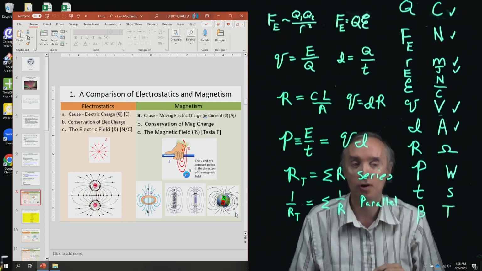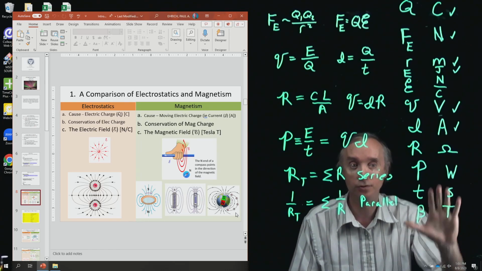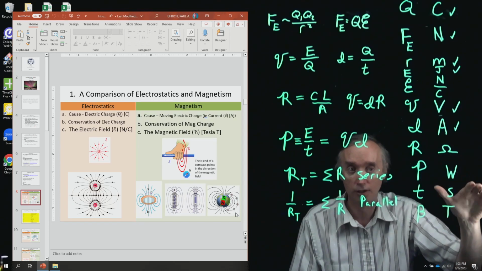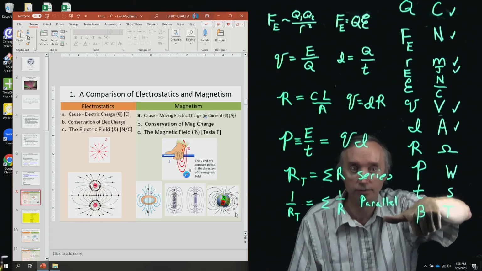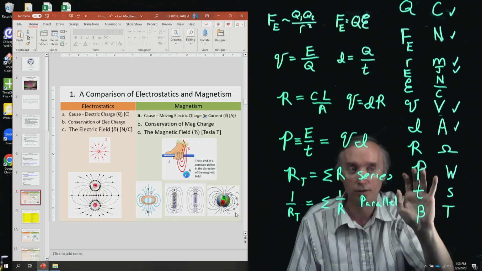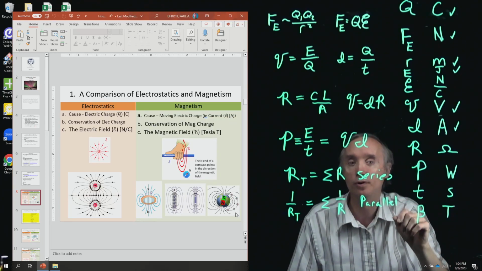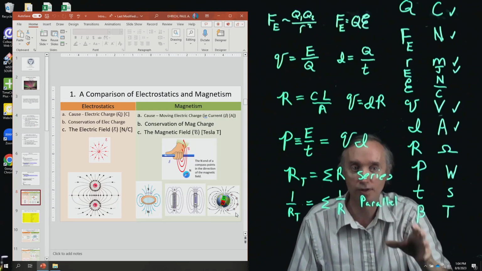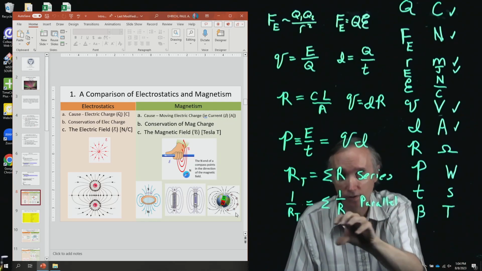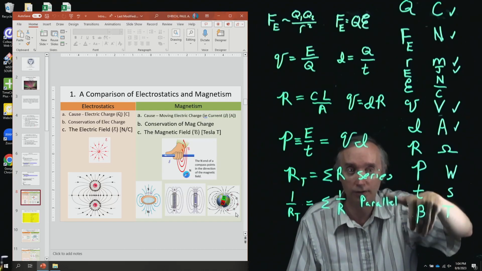So draw the magnetic field of a straight wire using the right-hand rule, so that the thumb points in the direction of the current and the fingers curl around the wire. Now remember, the current has to be positive. We always do things in terms of positive charges. So if you had a positive current in the wire, then it curls around it like this.